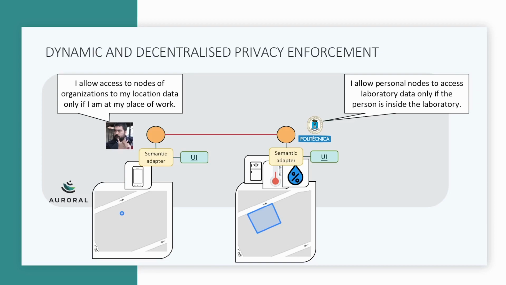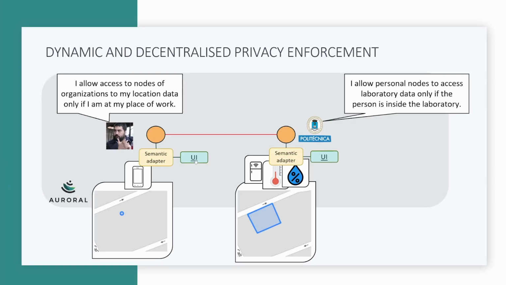While one node is only allowed to view location data of one if one is in their work area, in the other node, a policy is defined in which the data of the device in the laboratory area can only be accessed if one is in the work area. All this is due to the interoperability at the policy layer level.